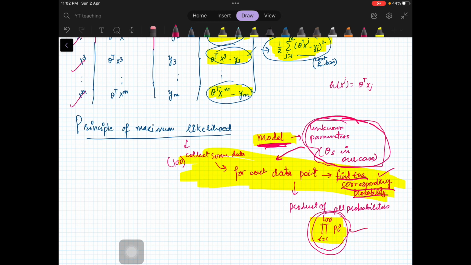So this is called the likelihood function. Now because you already got these numbers, it means that your thetas should be such that this probability is maximized, because you already got this sample. So that's the idea of maximum likelihood.